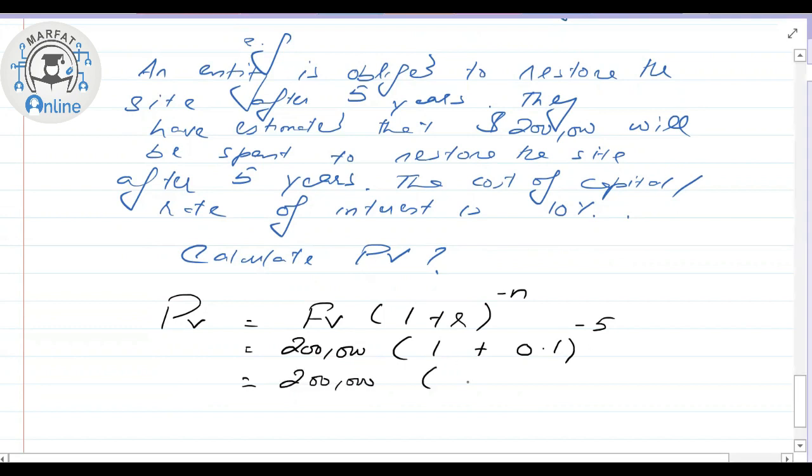Multiplying by 200,000 gives the present value of 124,184.2.